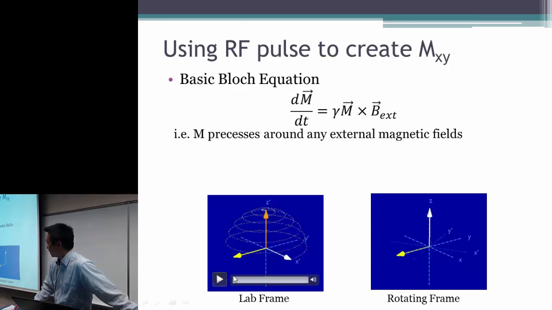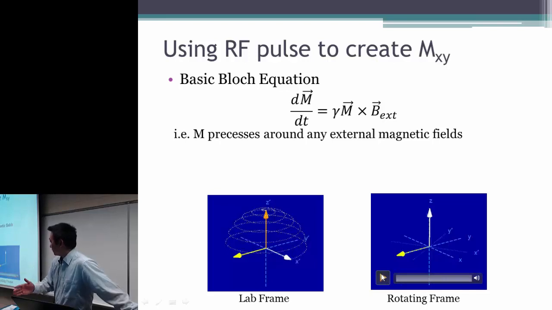So this is a very complicated scenario. If we do this in a rotating frame, so that the reference frame is also rotating at the same frequency as the Larmor frequency, we can simply observe the tipping effect of the B1 field. So we can see the magnetization is now simply being tipped from the longitudinal axis to the transverse plane.